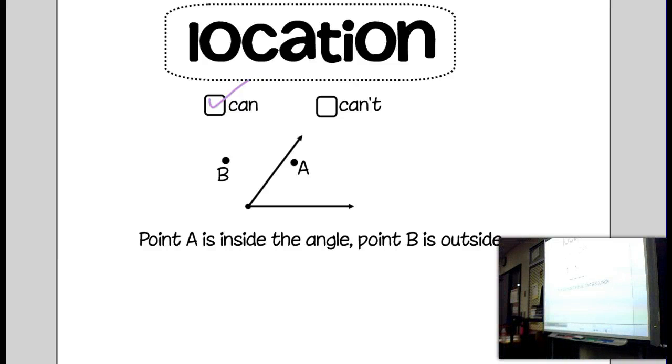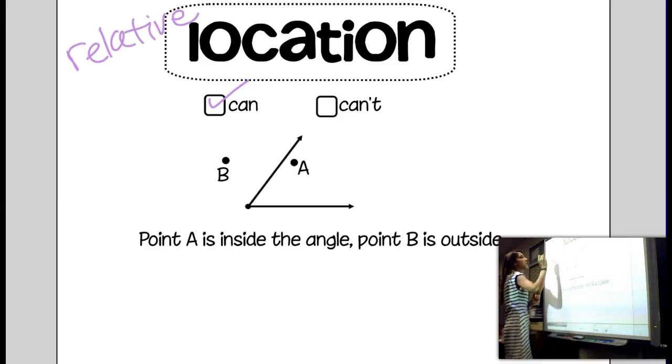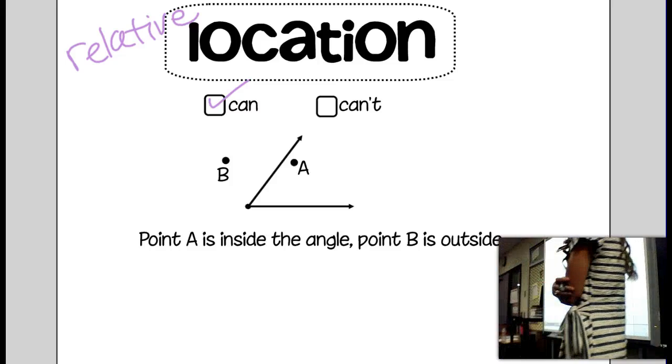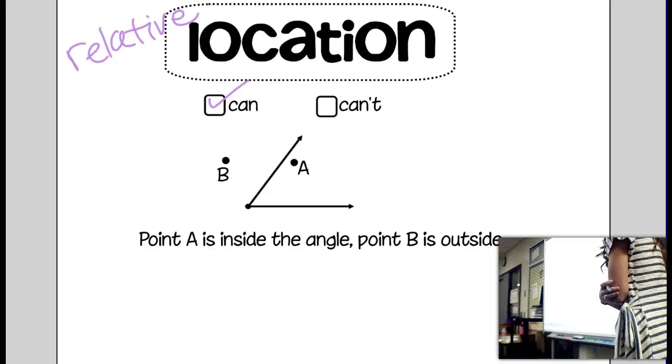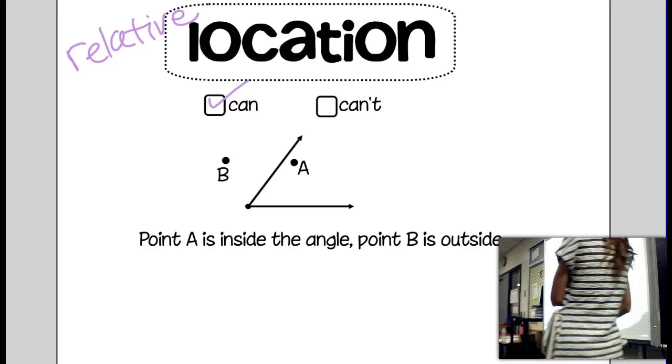It's called relative location, but I didn't know if that word would mean anything to you. Relative location means I can assume that A is in my figure and B is out of my figure. That one I'm allowed to. I can't assume where they are, like how far away they are. One's in and one's out, if you physically see it. Yeah, exactly. Good.